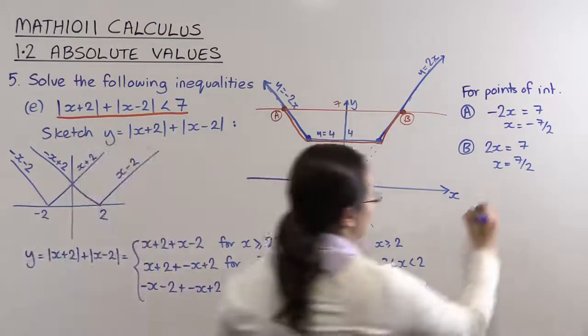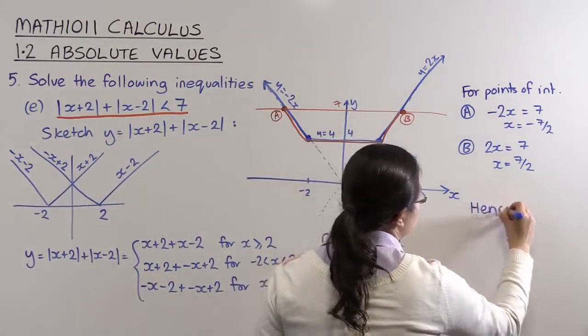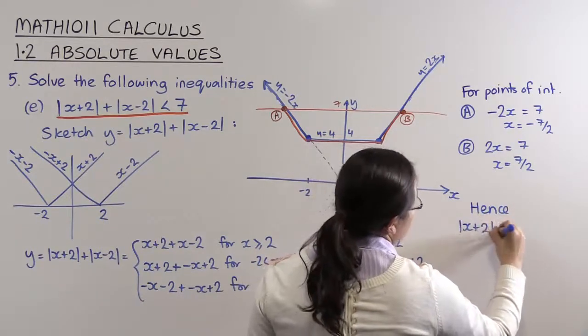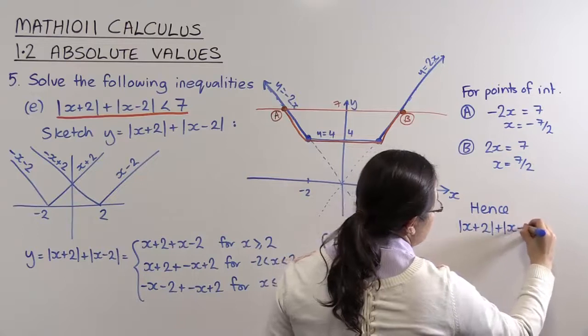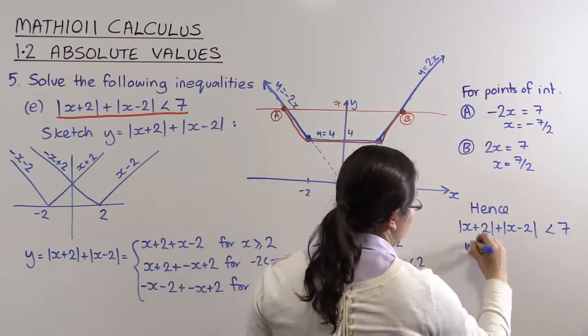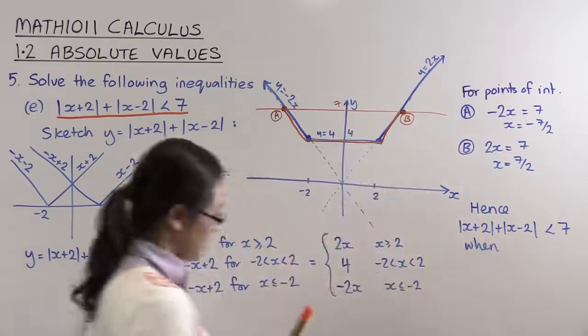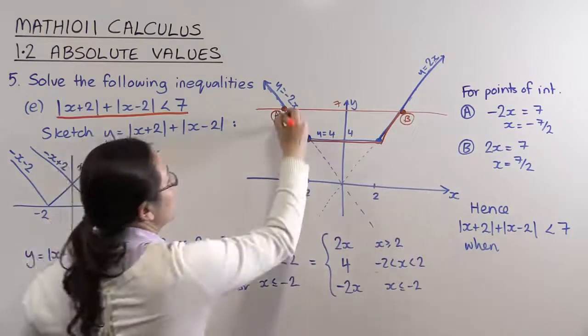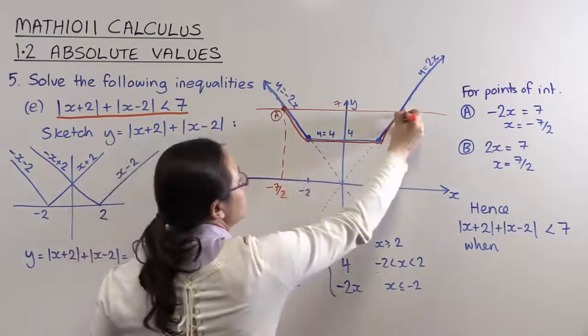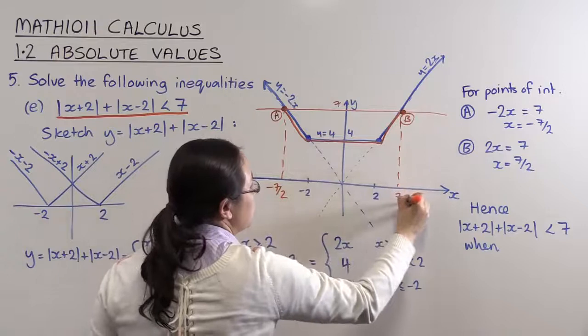So hence, we can see from our graph, the absolute value of x plus 2 plus the absolute value of x minus 2 is less than 7 when, well, this value is minus 3.5 or minus 7 on 2. This value is 7 on 2.